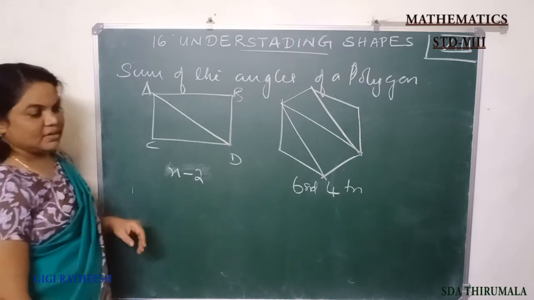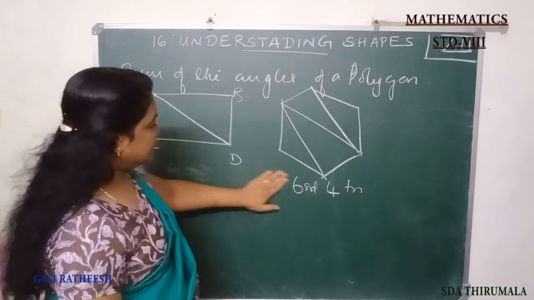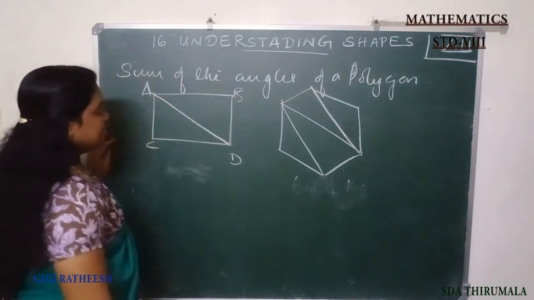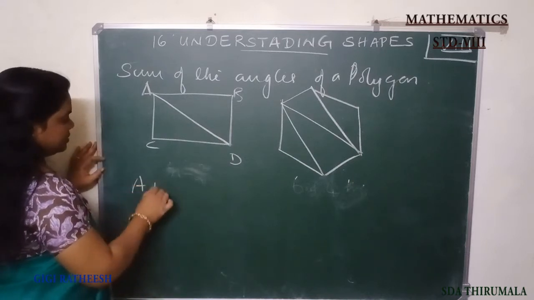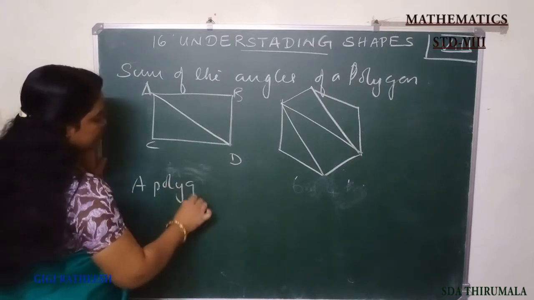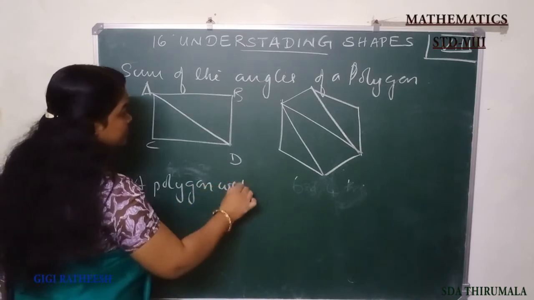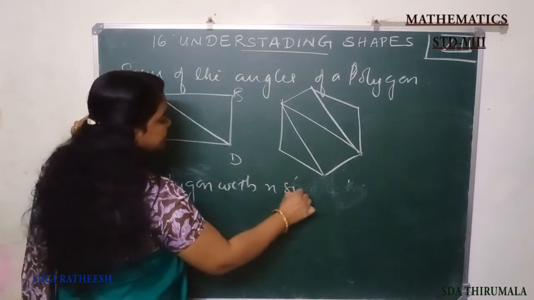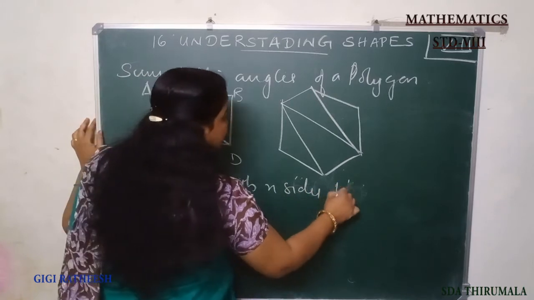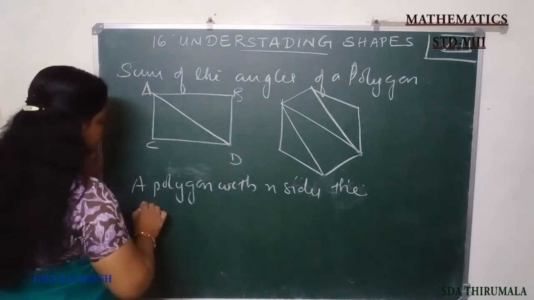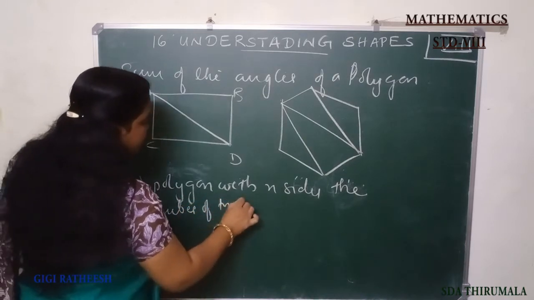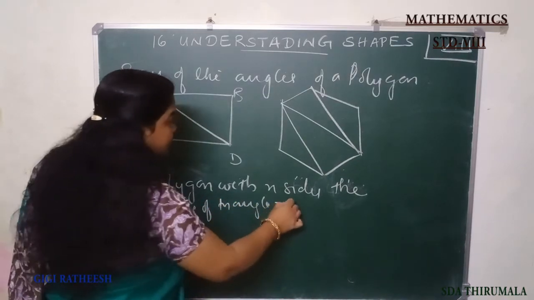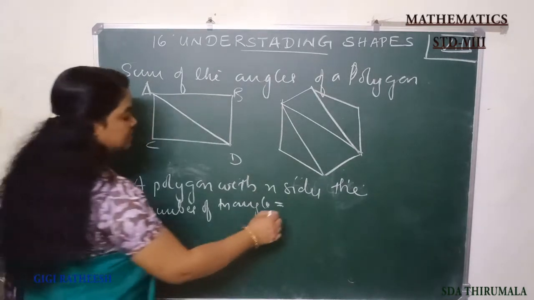If a polygon has n sides, the number of triangles we get is equal to n minus 2.